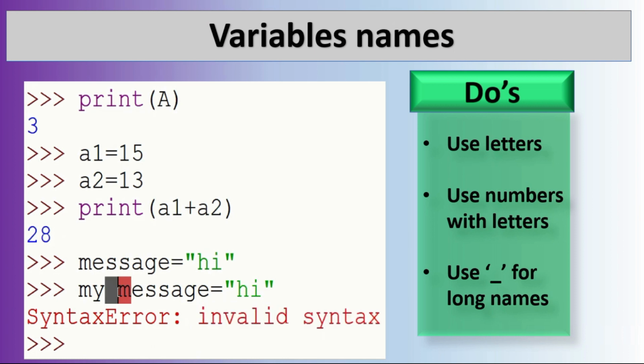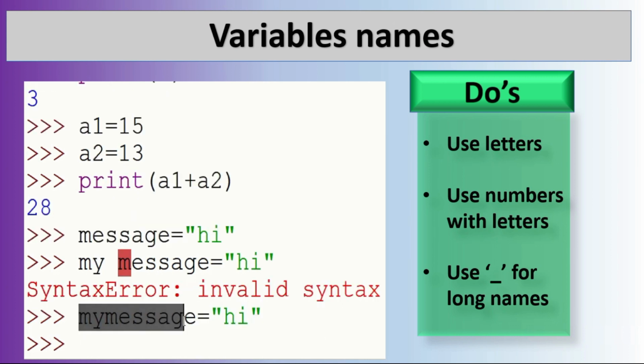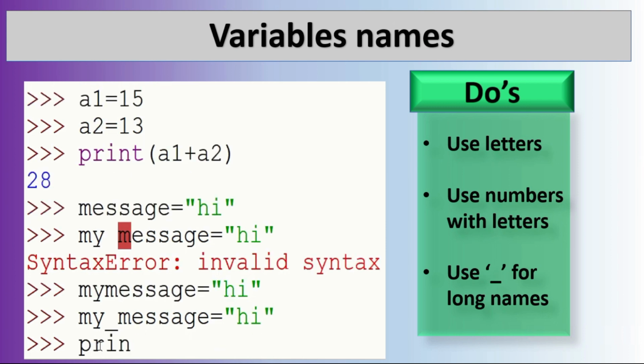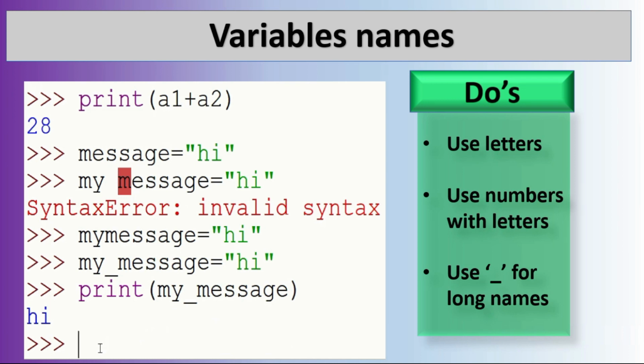Okay, so don't use spaces in the variable names. The variable name seems to be not good, so we need to maintain a space by using underscore. my_message, it is one variable, we are assigning hi. Now print of my_message, hi. So that is using letters, using numbers with letters, and underscores.